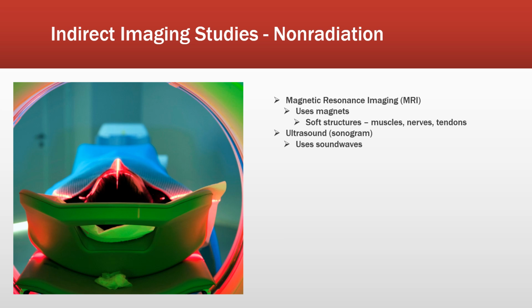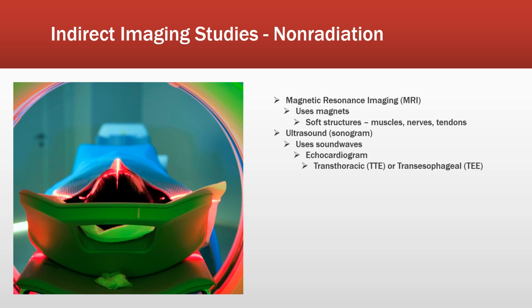One specific type of ultrasound testing of the heart is an echocardiogram, often just referred to as an echo. Echoes can be obtained externally, and that's called a transthoracic or TTE echocardiogram, or internally called transesophageal or TEE.